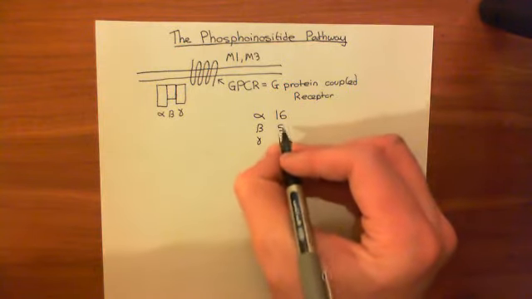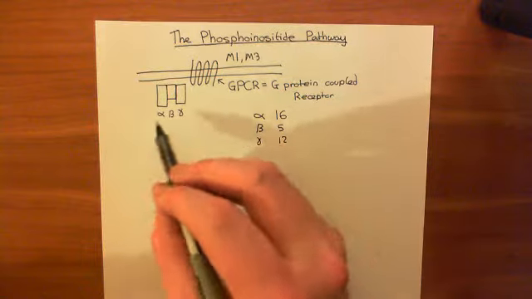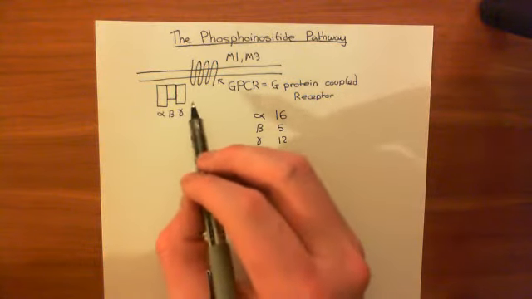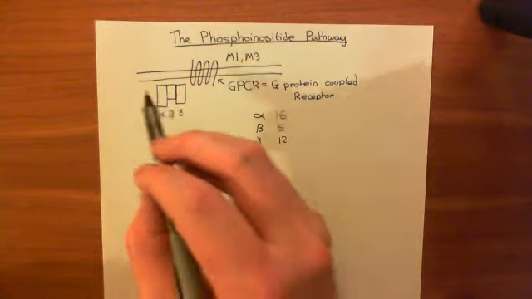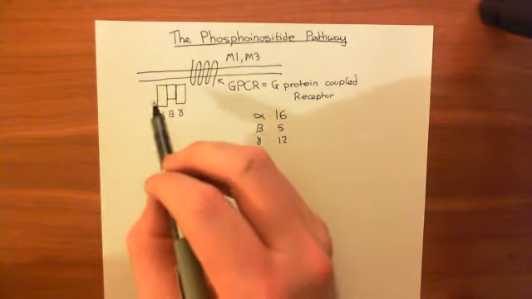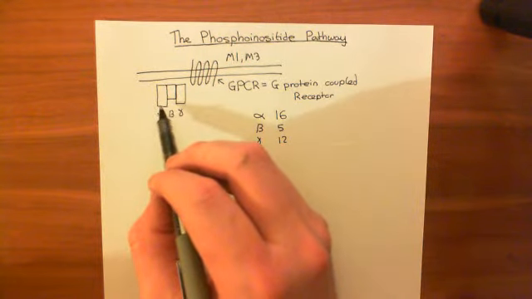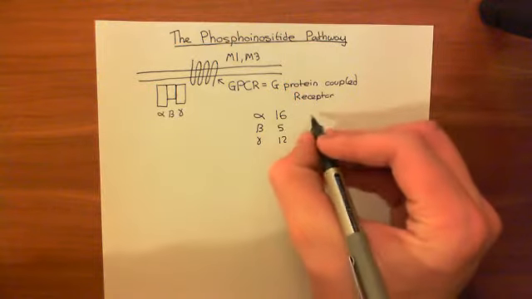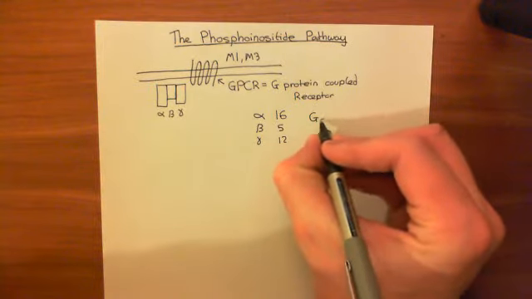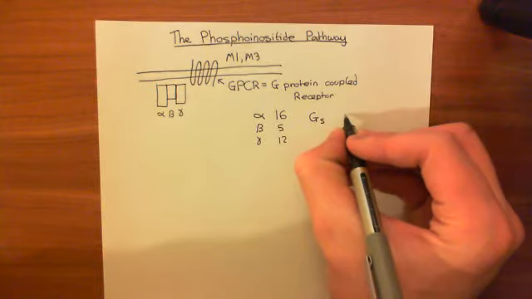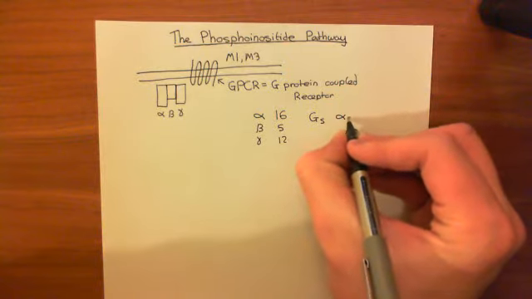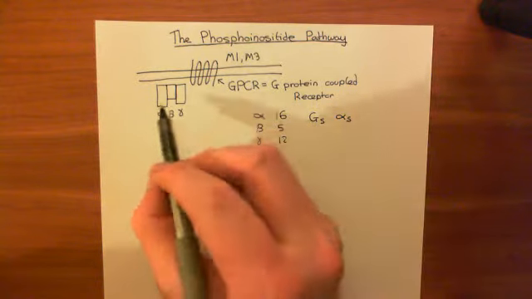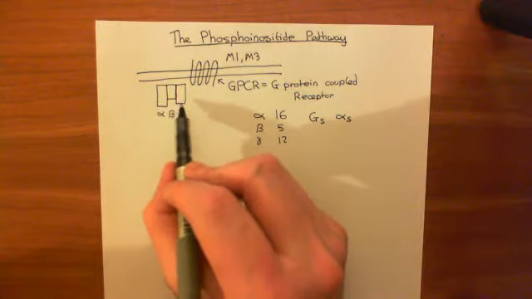So there are loads of possible combinations. Now, the name of the G-protein is completely determined by which alpha subunit you use. So if we're looking at the heterotrimeric G-protein Gs, then the alpha subunit is the alpha S subunit, and we don't care what the beta or the gamma subunit are.